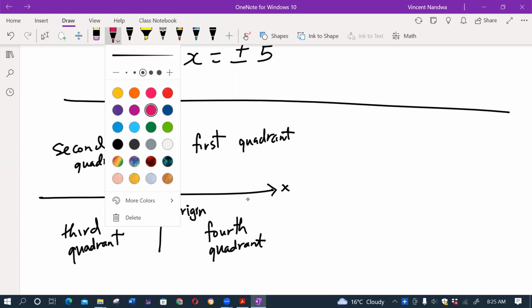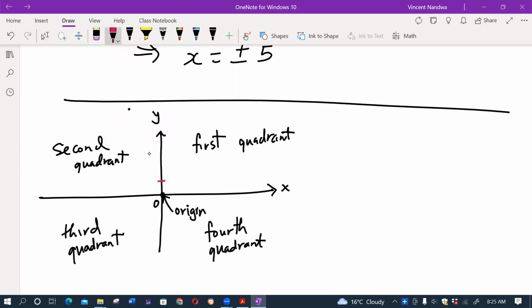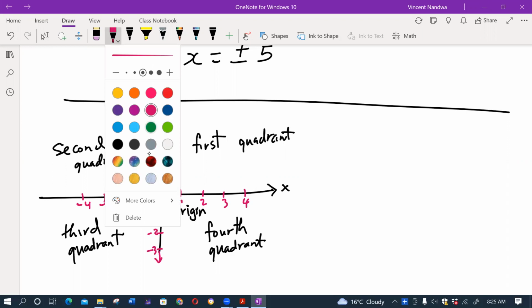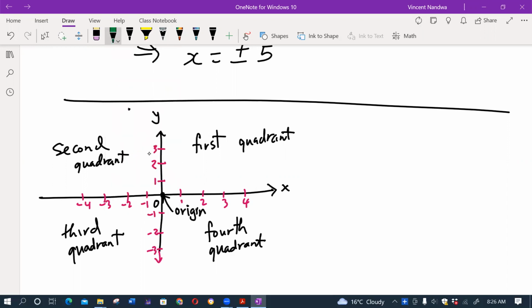So if you label this axis, for example, this is 1, this is 2, this is 3, -1, -2, -3, -4, 1, 2, 3, 4, -1, -2, -3, etc. So all points in the first quadrant, remember when plotting a point, you start with the x value followed by the y value.